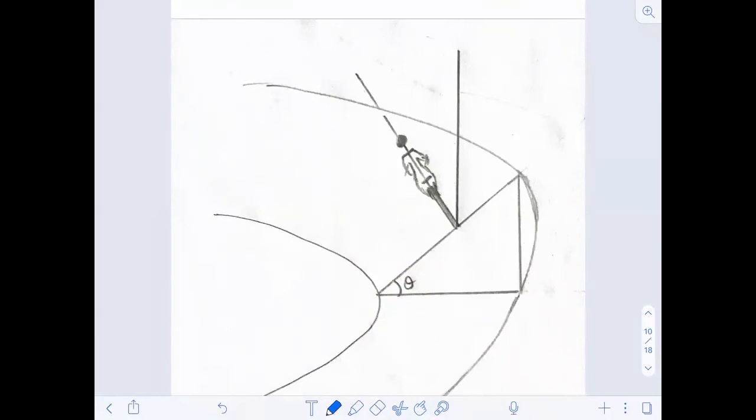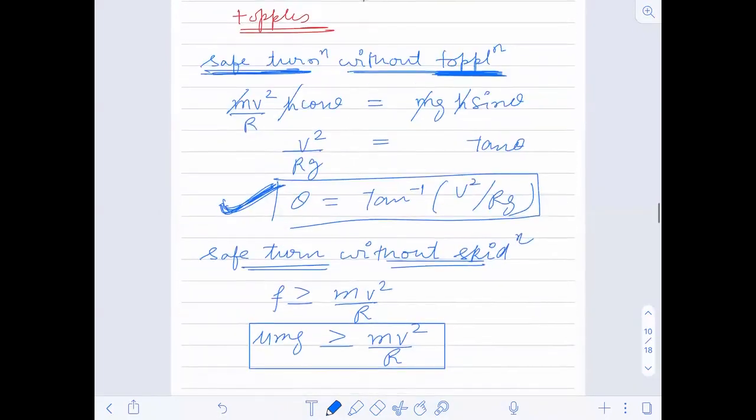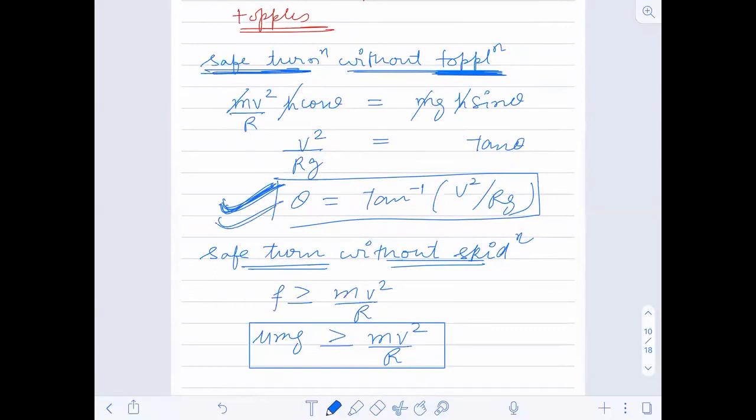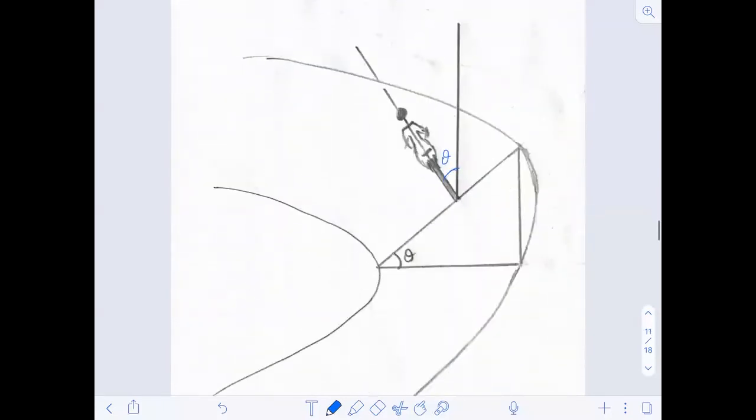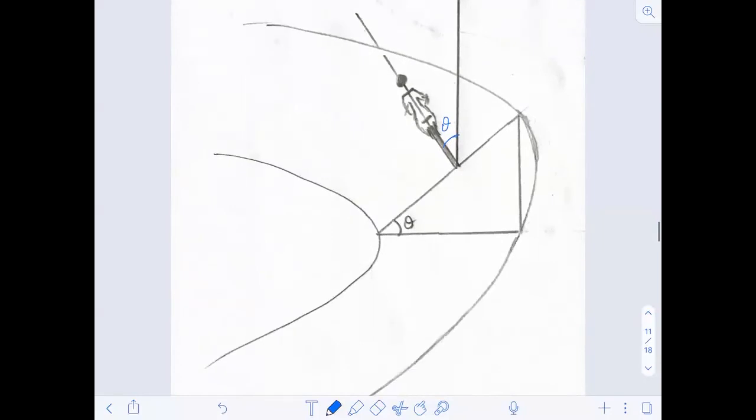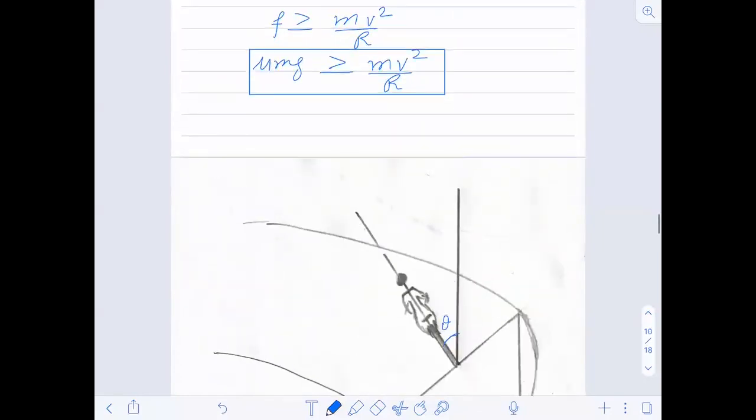This is theta here. Now for the same case, if you have understood this thing, the same thing applies here. So the theta value here I'm writing. Theta value will be what?